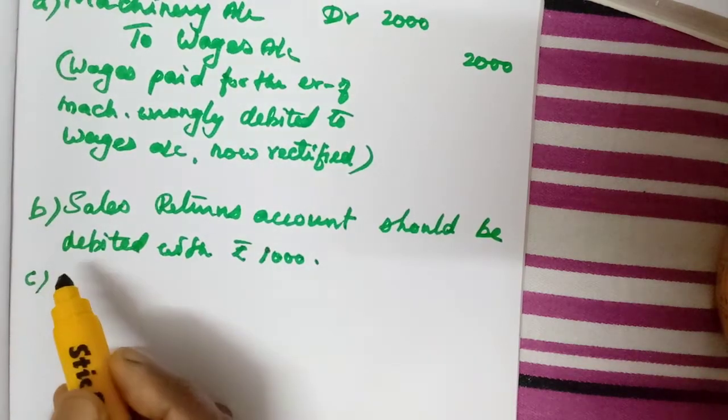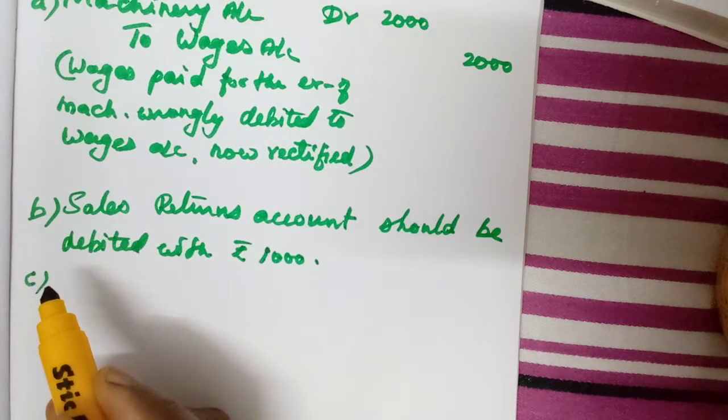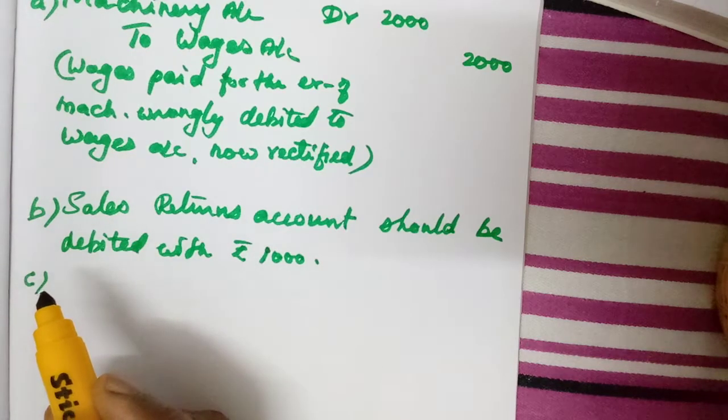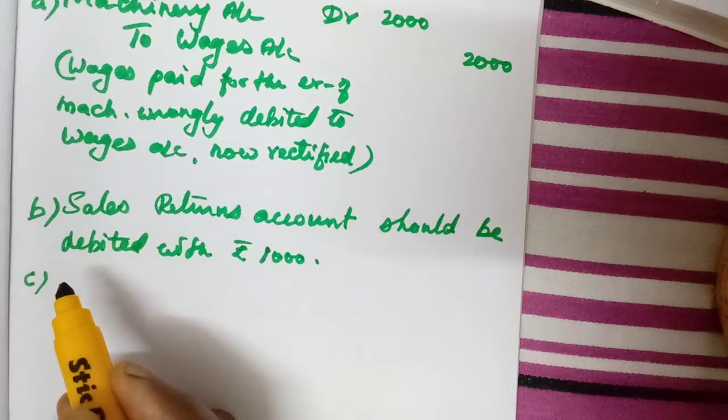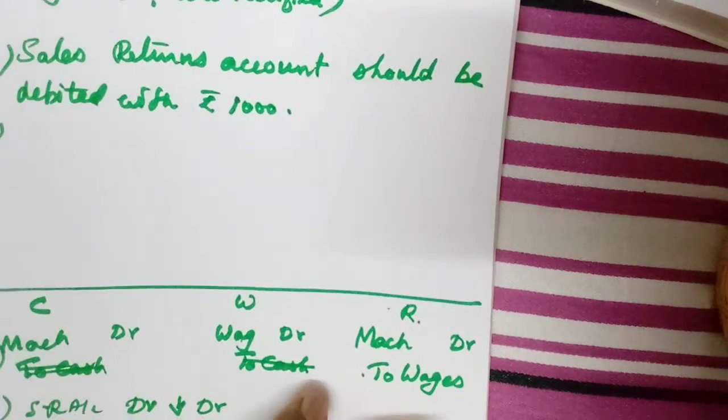Read the question. Goods purchased for rupees 200 was posted as 2000 to purchases account. Okay, here only one account is affected. Which one? Goods purchased, that was posted in the purchases account only. So it affects only one account. Here also we have to write the statement only.